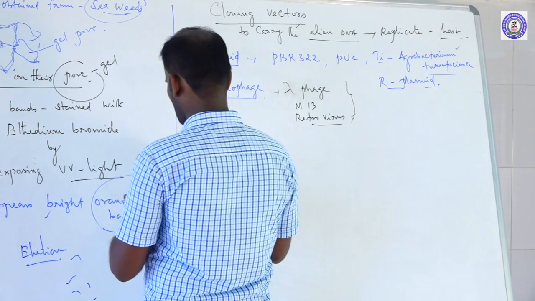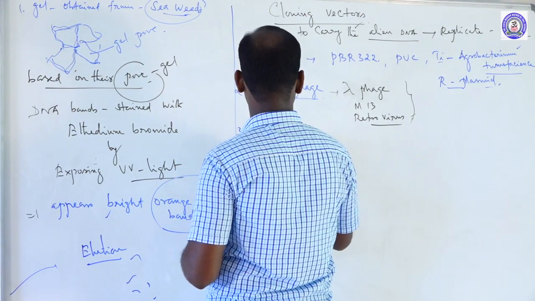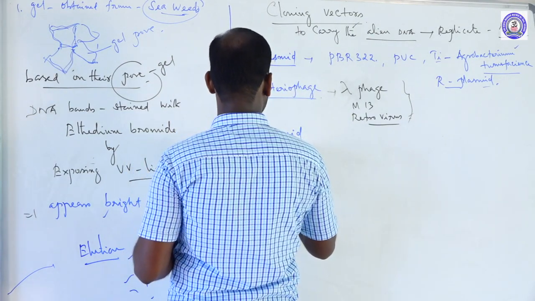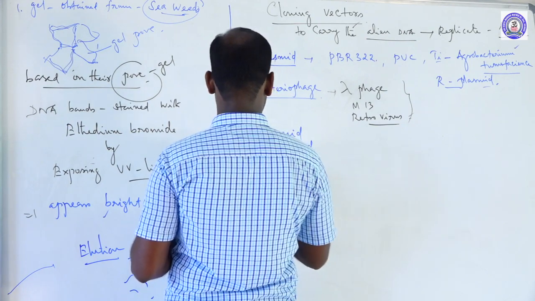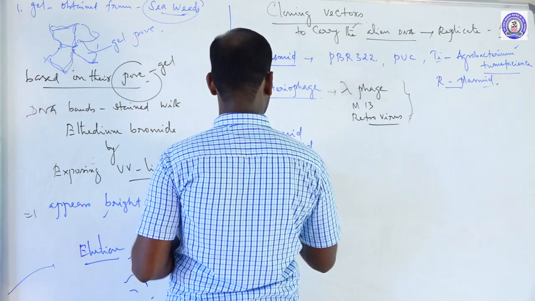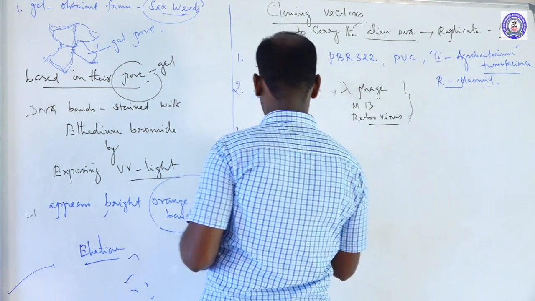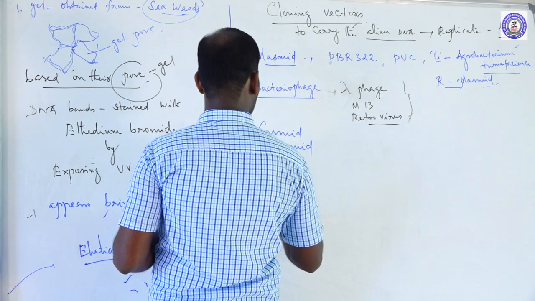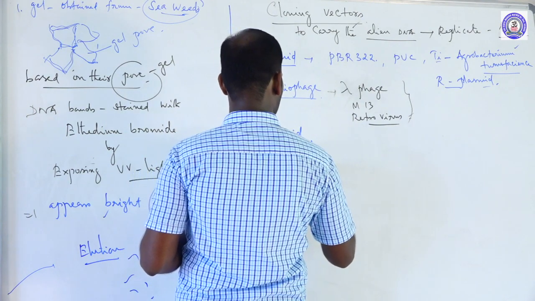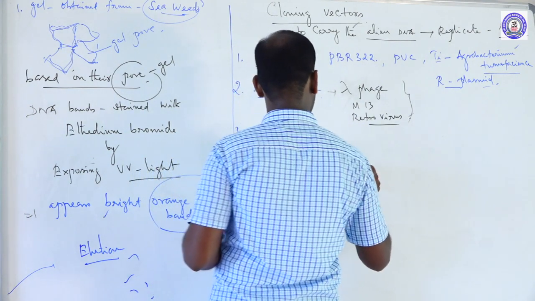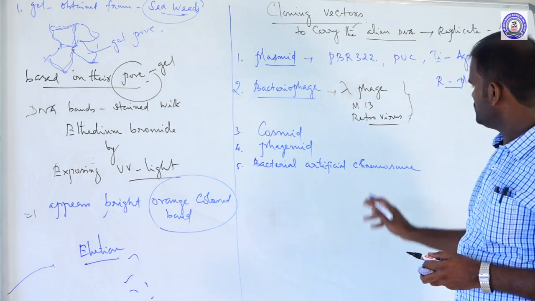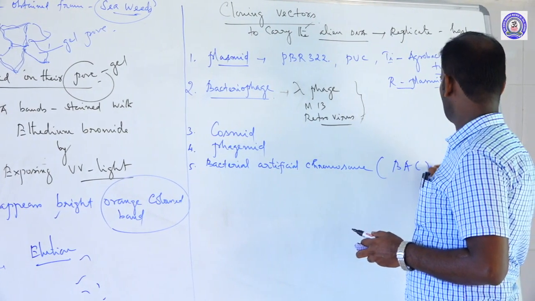The third one is cosmid. The fourth one is phagemid. The fifth one is the bacterial artificial chromosome, also called BAC.